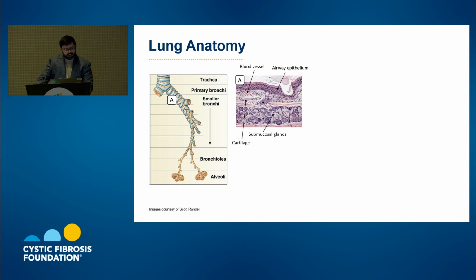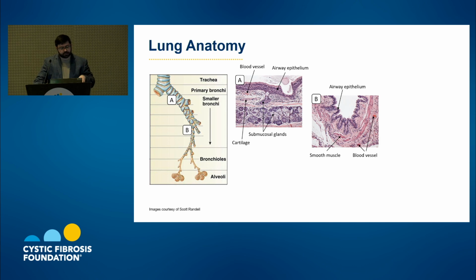I like this image because it also really highlights submucosal glands that are part of the larger airways in humans. You can actually see one here moving off of the airway into the submucosal gland, and other components of this, like cartilage in the airway that's really important, as well as blood vessels that feed the nutrients to the airway from the basal side of the cells.